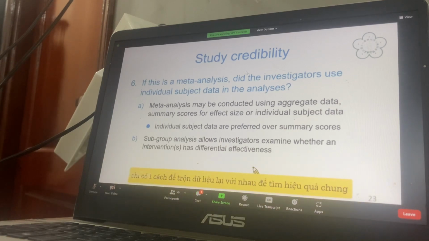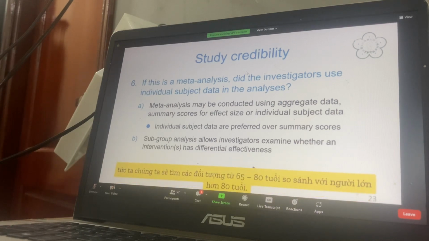So one way is to pool all the data together and see if there's a general effect. But another way to look at the data is to conduct subgroup analysis, saying we are only going to look at subjects aged 65 to 80 versus elderly greater than 80.